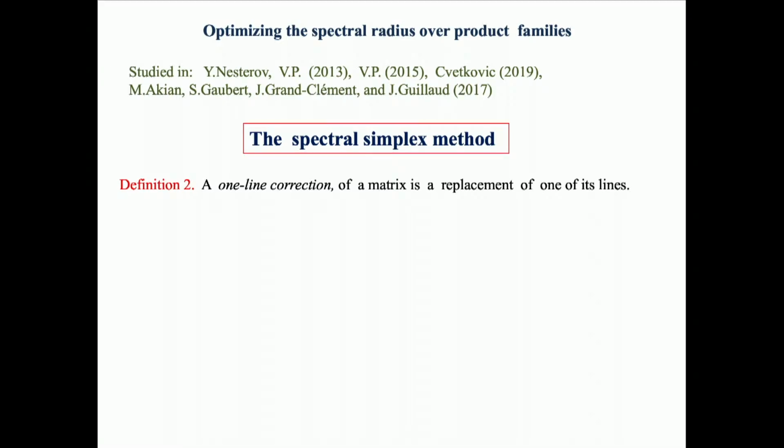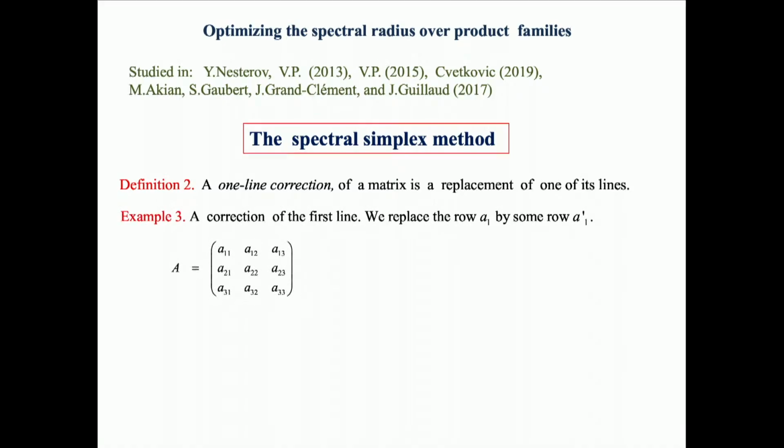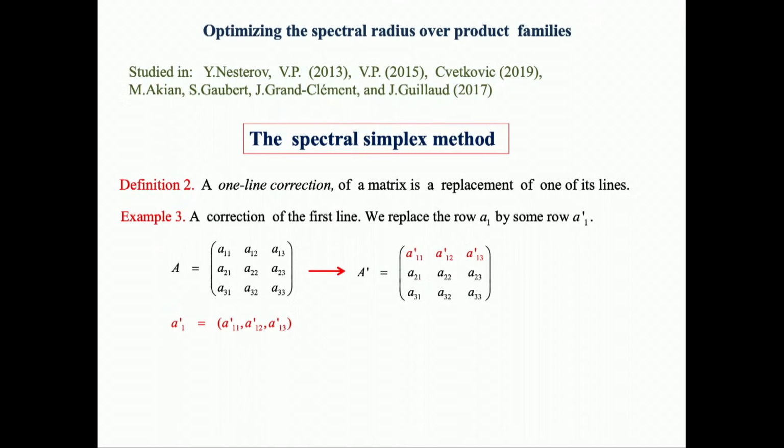The spectral simplex method consists of recursions. This is a relaxation algorithm, and each iteration is a one-line correction of a matrix. So we have an initial matrix, we compute its Perron eigenvector, and we replace the first line with the line optimal in some sense with respect to this Perron eigenvector. It can be shown very simply.